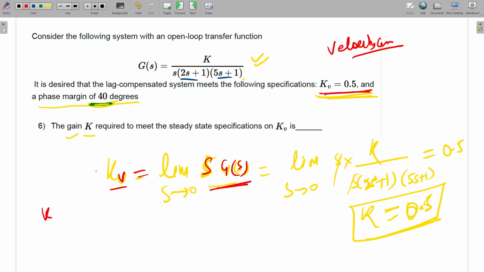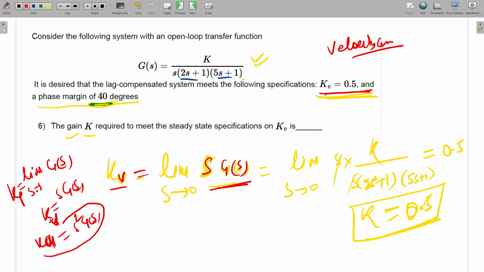Velocity error, and what is the displacement, velocity and acceleration constant? Displacement is limit s tends to 0 of G(s), velocity is sG(s), and acceleration KA is s square G(s).